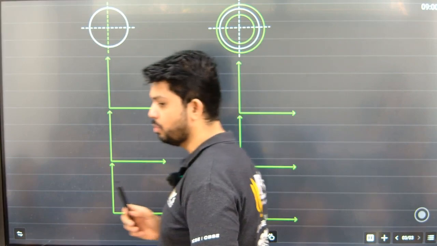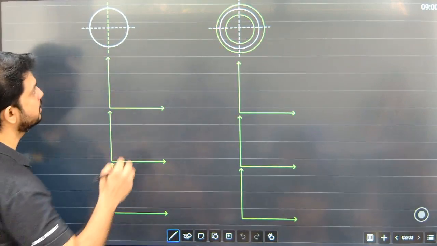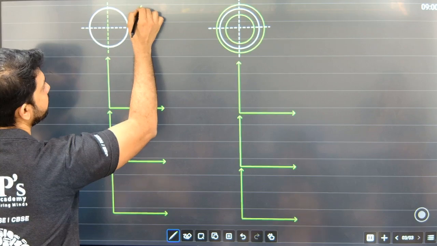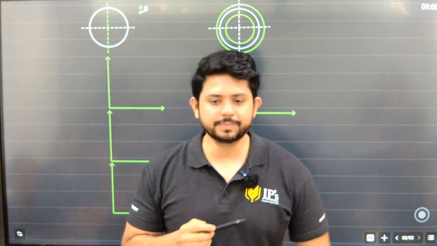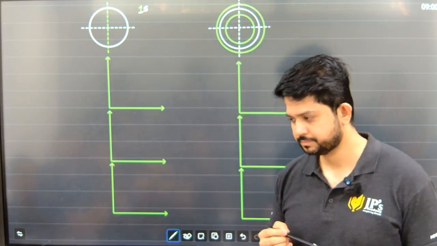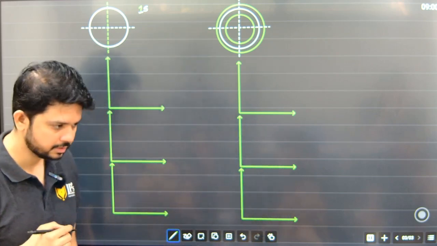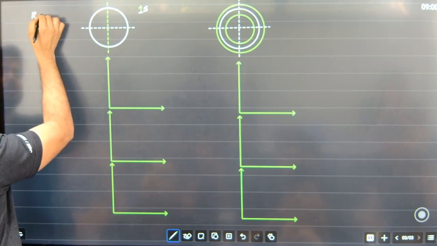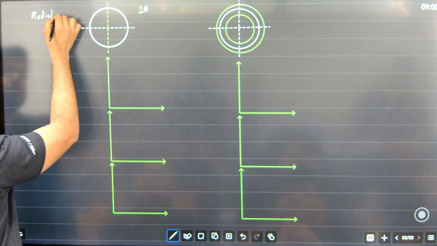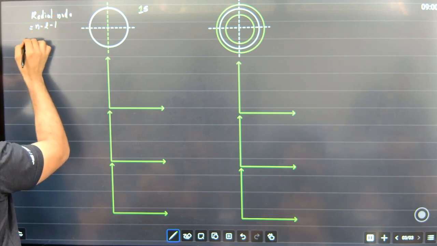Now what I have on the board is the 1s subshell. Can someone tell me, are there any nodes present in the 1s subshell? Let's find out. What was the formula for radial node? Radial node was n minus l minus 1.